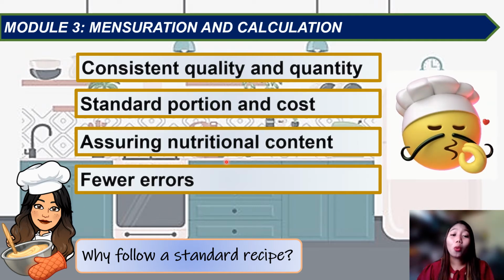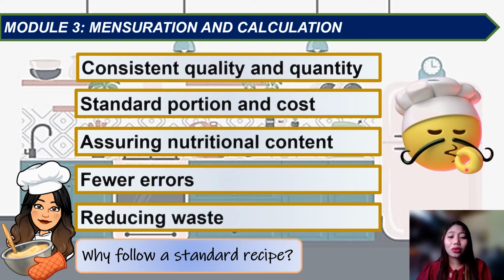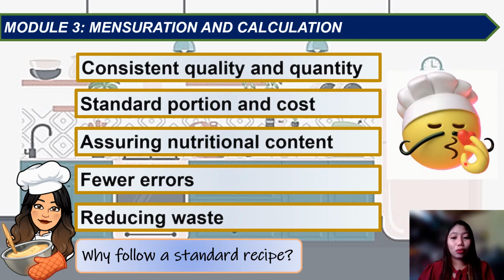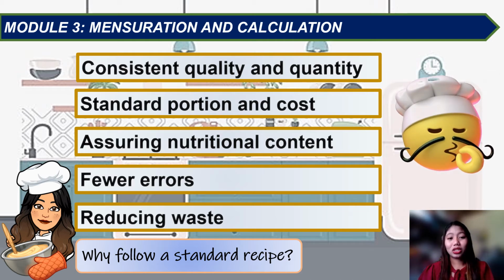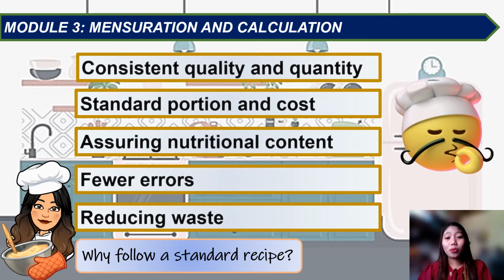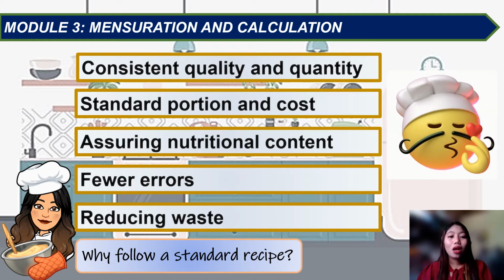So, nagkakaroon ng waste, ayan, nagkakaroon ng mga pagkasayang. So, kapag meron tayong standard recipe, it will help you to reduce waste. Again, standard recipe is important because of this 5 things. And dyan, sa recipe nga po is naka-indicate yung mga measurement and steps na kinakailangan natin to achieve successful cooking.